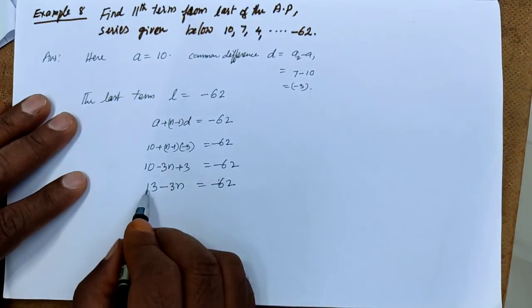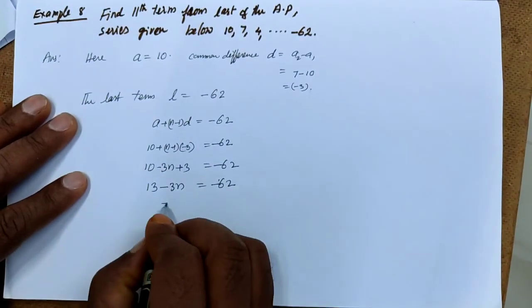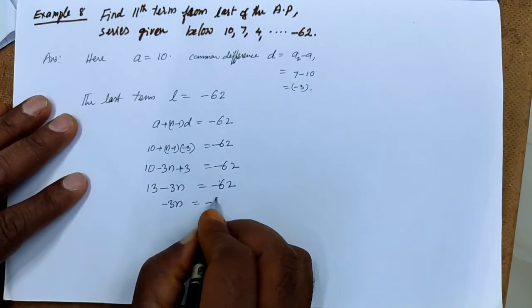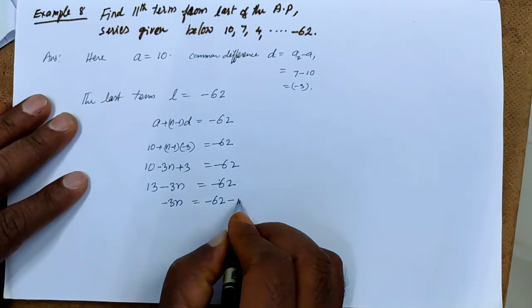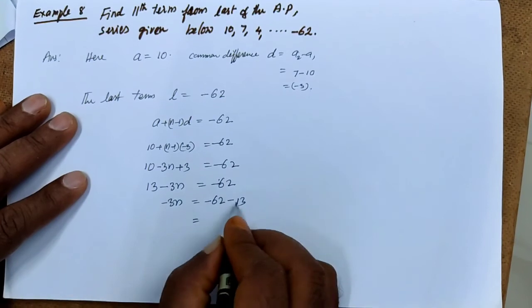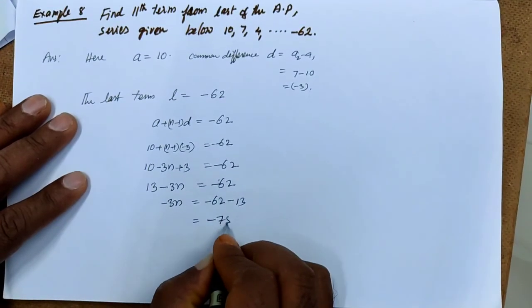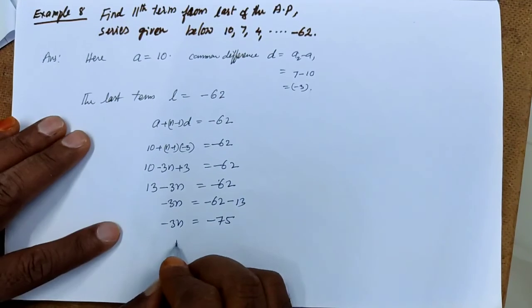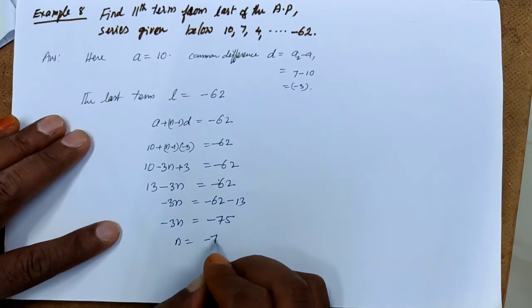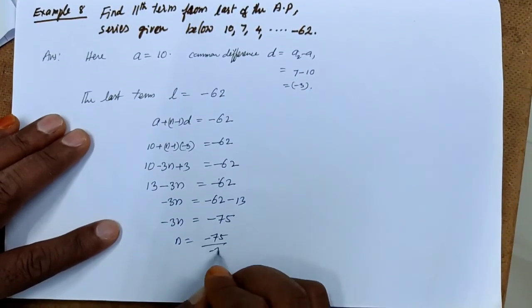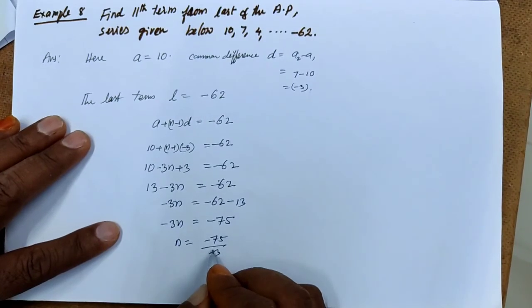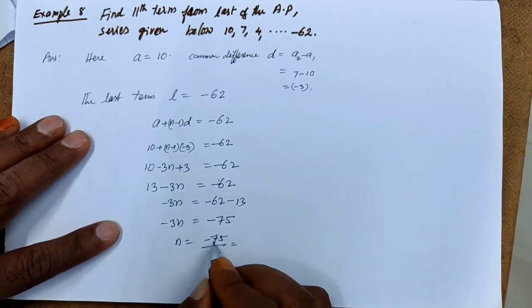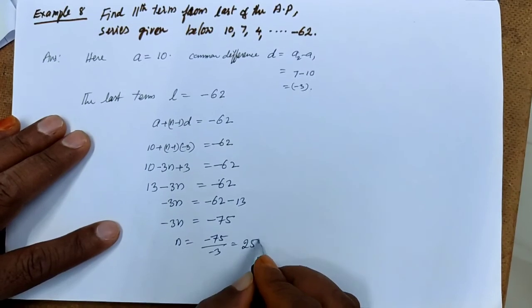Now transpose this 13 to the other side. Minus 3n is equal to minus 62 minus 13, which is equal to minus 75. Minus 3n is equal to minus 75. Now n is equal to minus 75 by minus 3. The minus signs cancel. 75 by 3 is equal to 25.